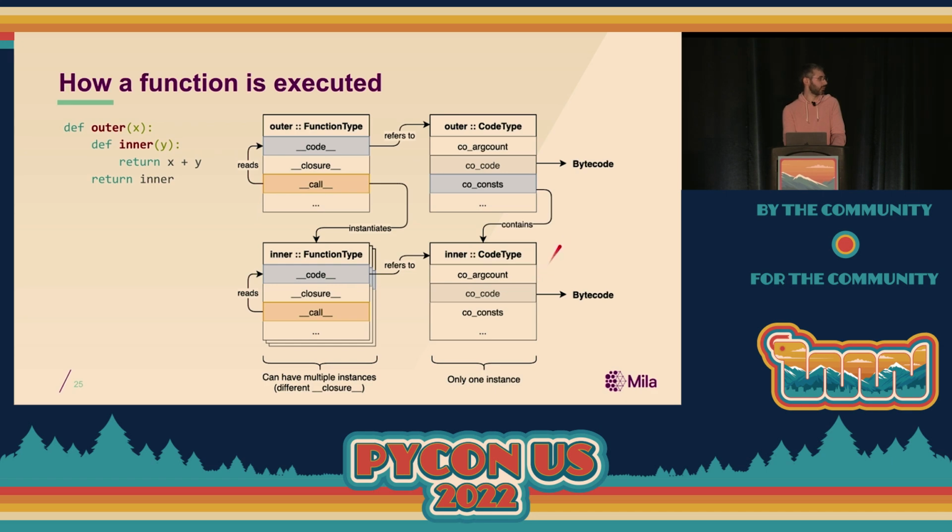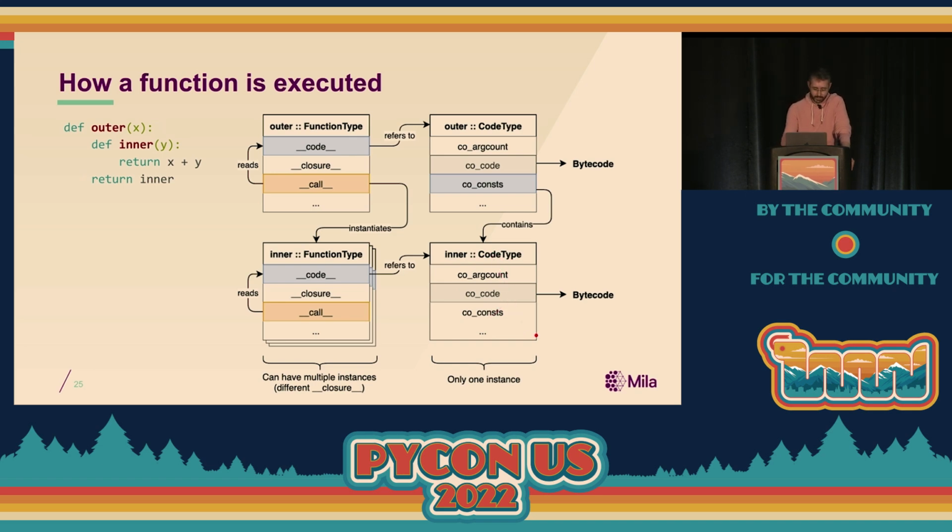And that object is originally contained in the co_consts field of the outer function's code object. That's simply a list of all the constants that are needed for execution, like literals, true, false, and certain code objects. So ultimately, as I've explained, we may have multiple function instances that correspond to different captured values, but they all point to the same code object.